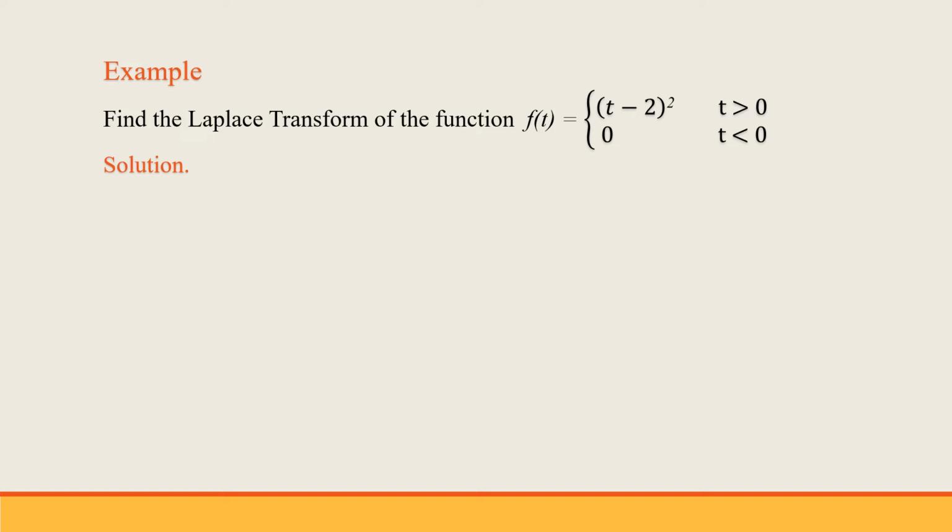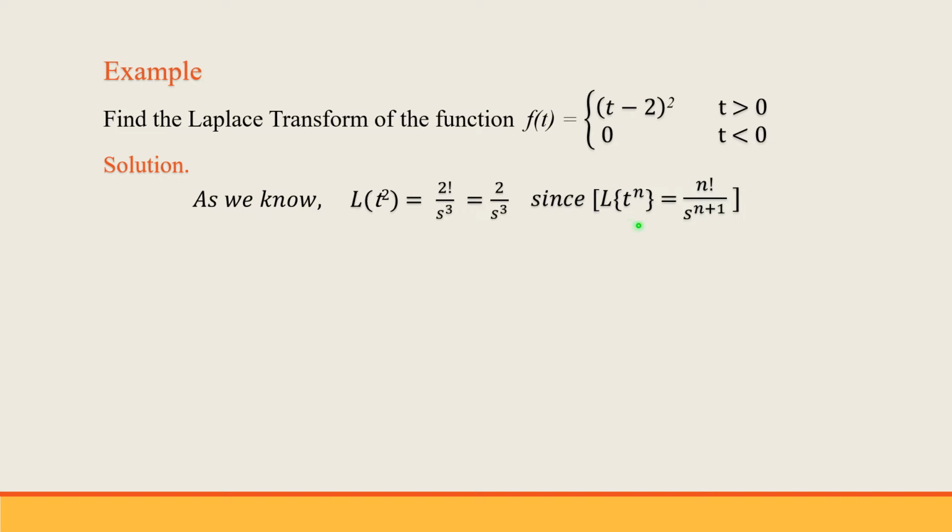As we know that Laplace transform of t square equal to 2 factorial by s cube, that is 2 by s cube. As we already know that Laplace transform of t raised to the power n is equal to n factorial by s to the power n plus 1.